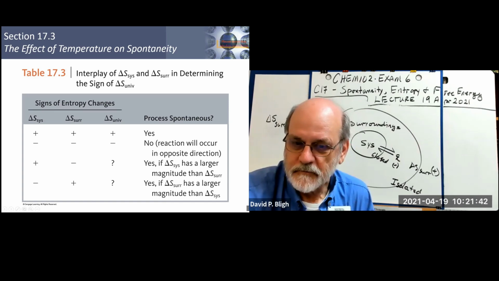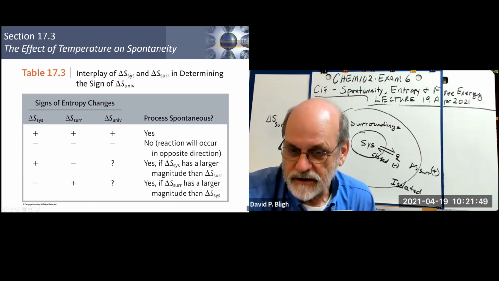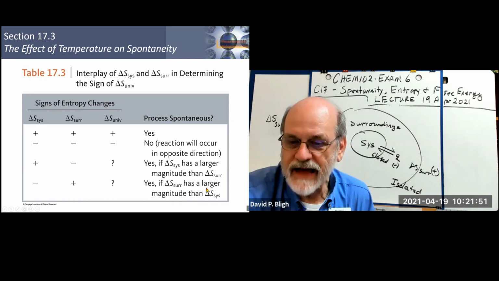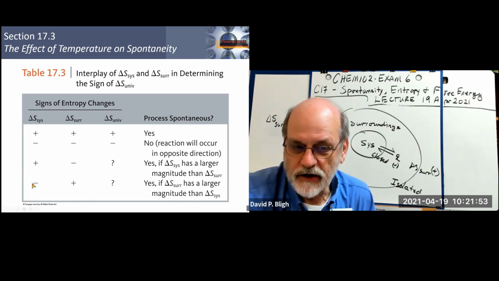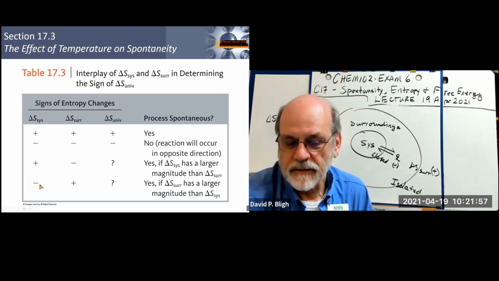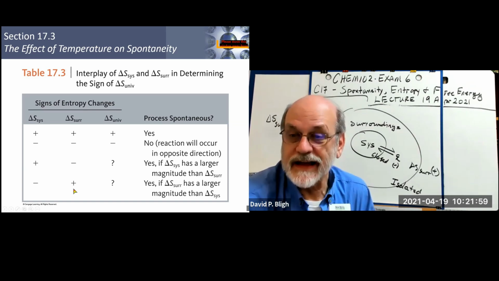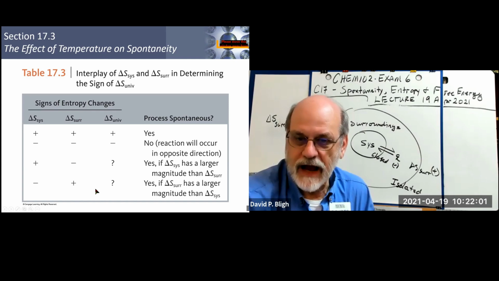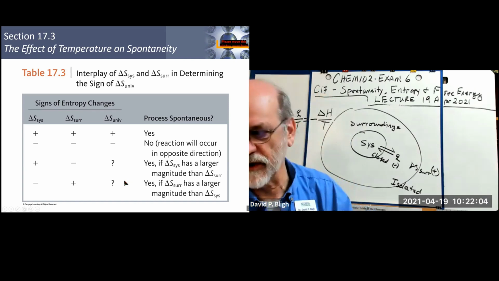Or if delta S surroundings is larger than the magnitude of delta S system, under conditions where delta S system is negative. Right? So in those cases, the positive one has to be bigger than the negative one to give you a spontaneous reaction. That's the moral of this story.